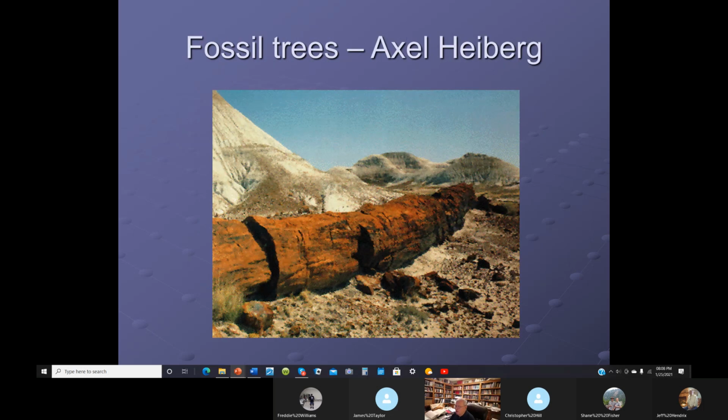Here are some fossilized trees from Axel Heiberg Island. Now notice these are not petrified wood. Keep that in mind. These are actual trees. This is actual wood that will burn if they burn it. I hope they're not trying to burn it, but I think they've taken some pieces of it and shown that it does burn. So it is still wood.